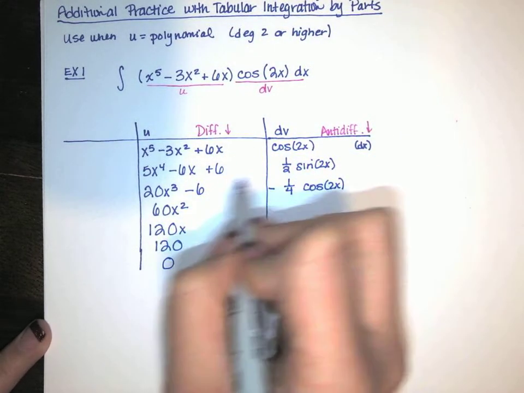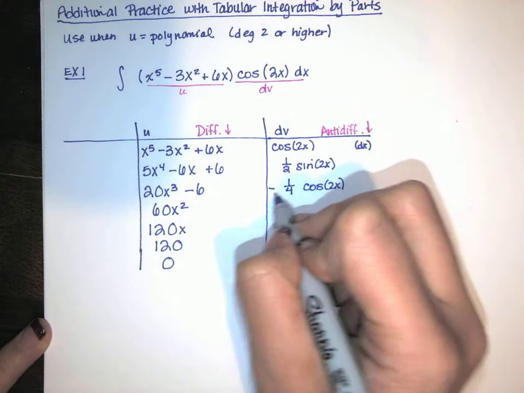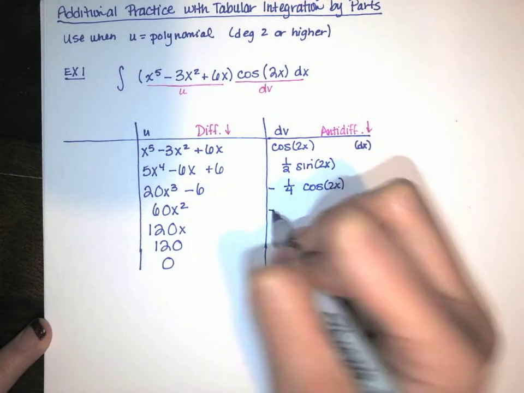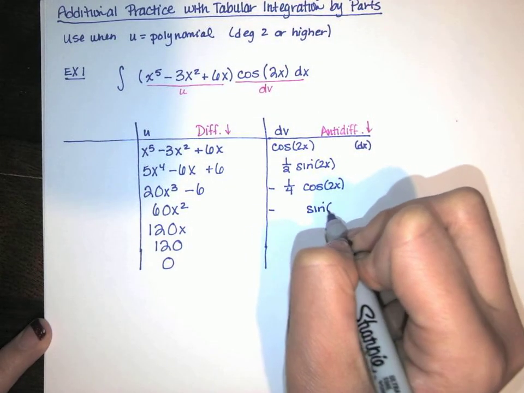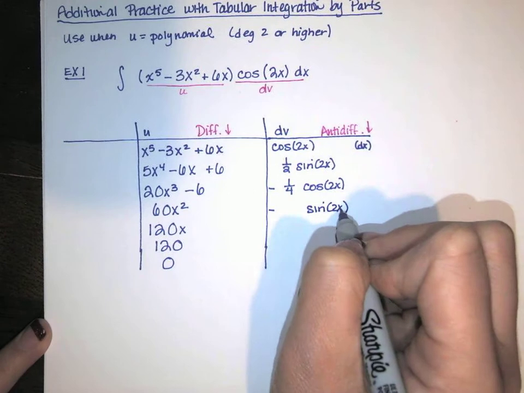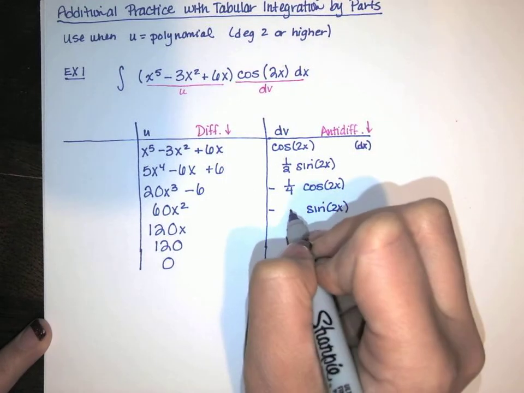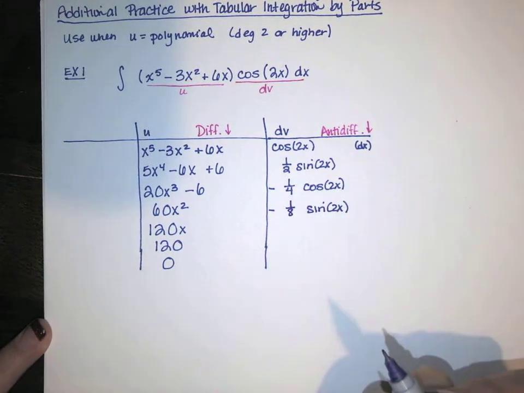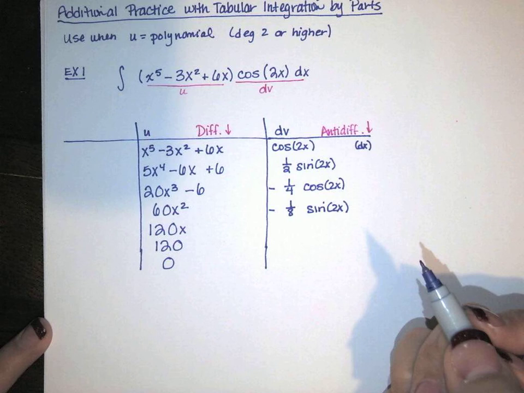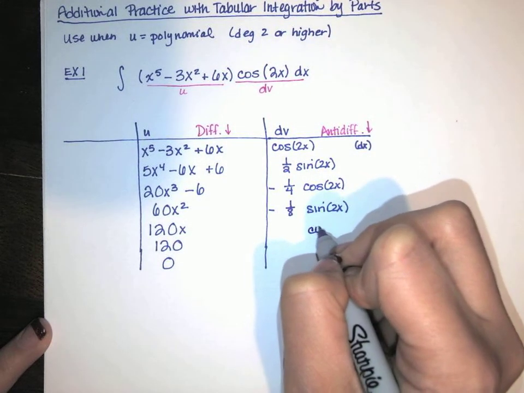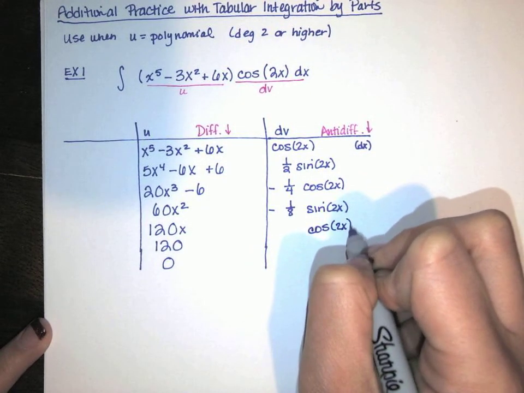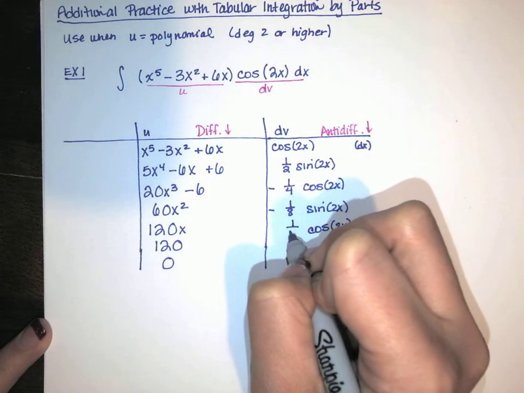So that's 1, 2, 3 rows. Antiderivative of cosine is sine. We need to multiply by 1/2 again. Antiderivative of negative sine is positive cosine. Multiply by 1/2 again.